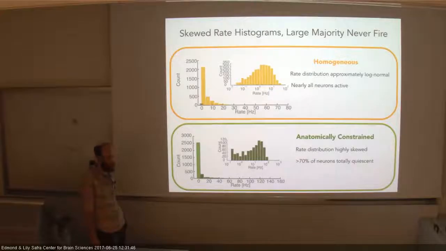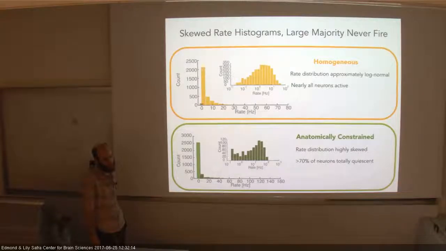Now the question is, if the distribution of inputs is normal, why is the distribution of firing rate log normal? To understand this, think of each neuron as receiving an average input and temporal fluctuations on top of it.